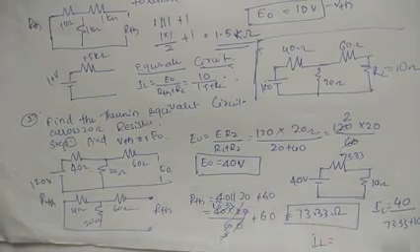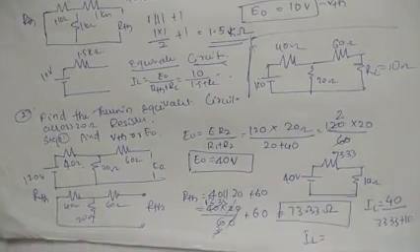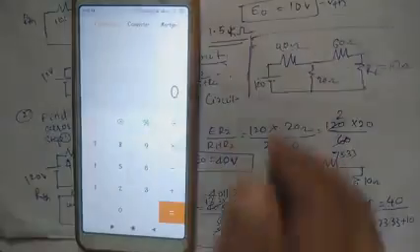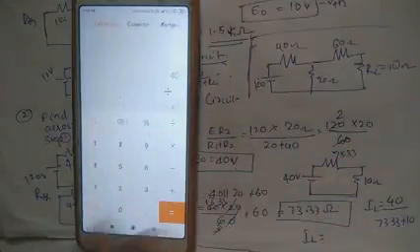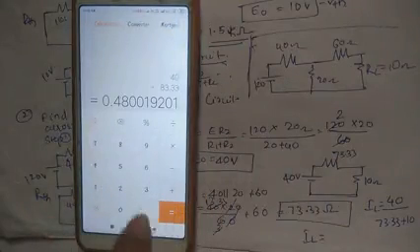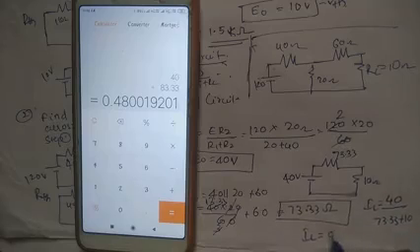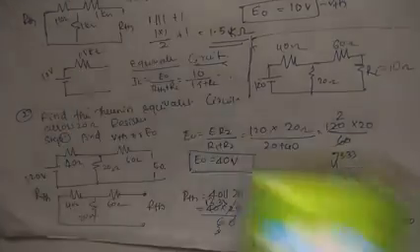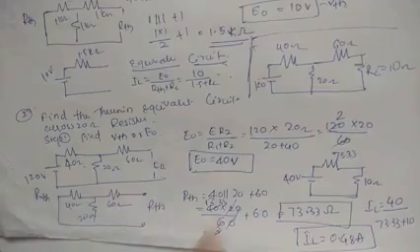On the calculator, 40 divided by 83 point... IL is 0.48 ampere of current, right?